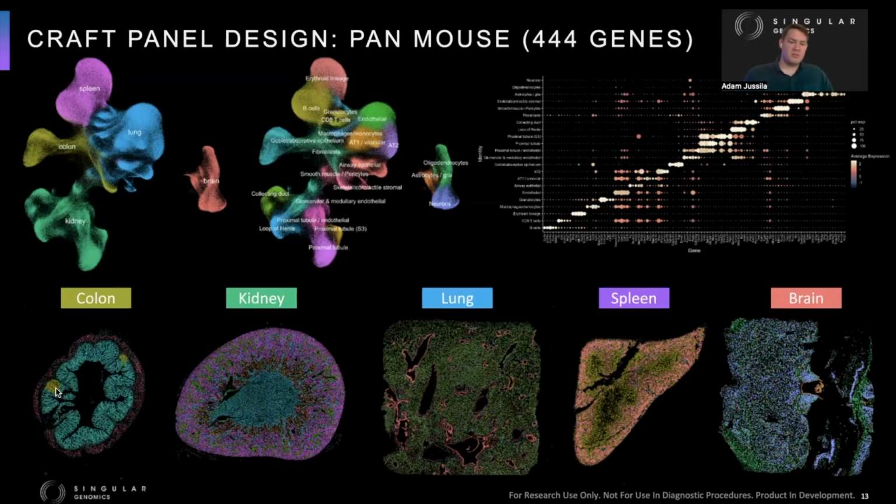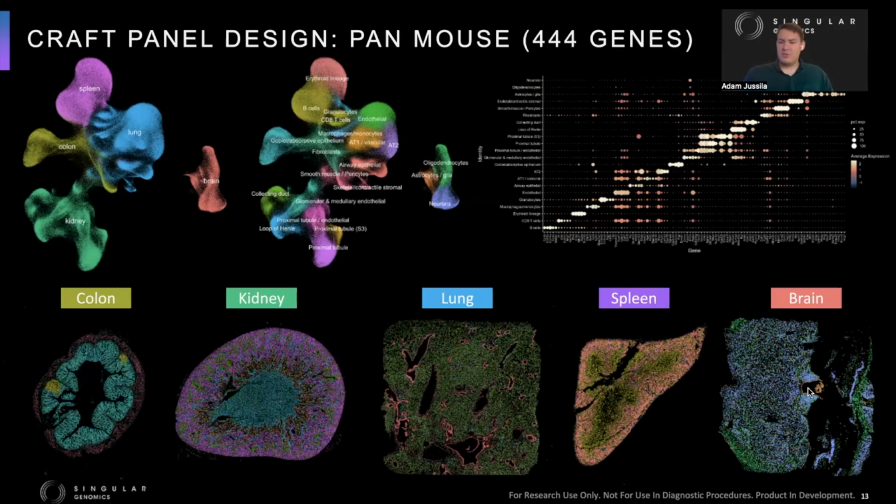When we look at the colon, for example, we see these really beautiful immune hubs popping out with really distinct and morphologically correct looking features on the colon sample. In the kidney, we see these cortical layers descending inward throughout the kidney. In the lung, we can see what are presumably some sort of vasculature.